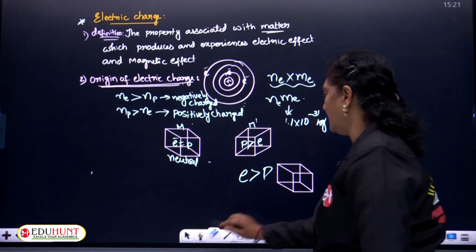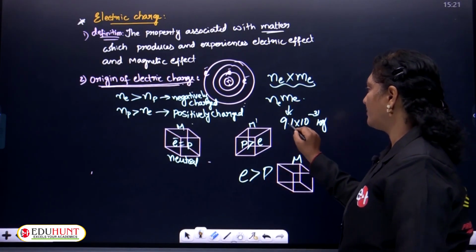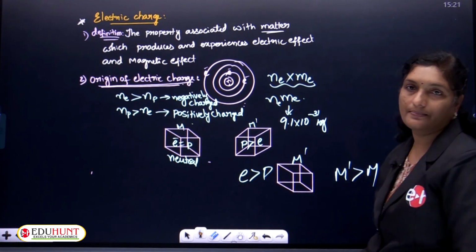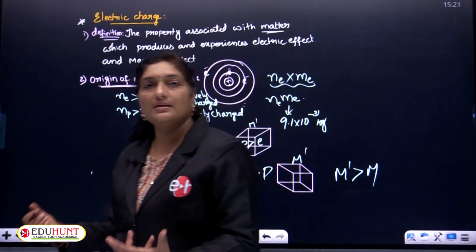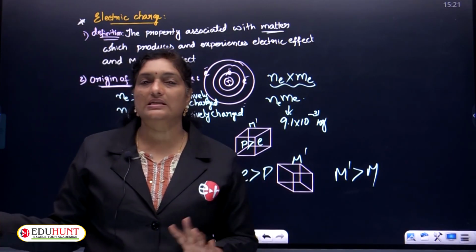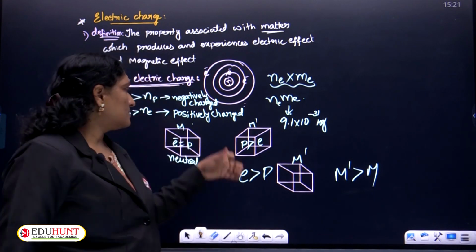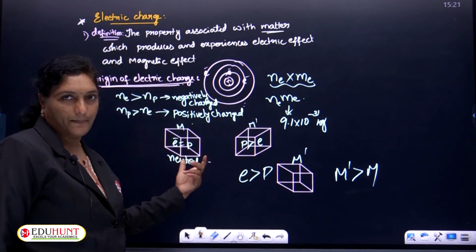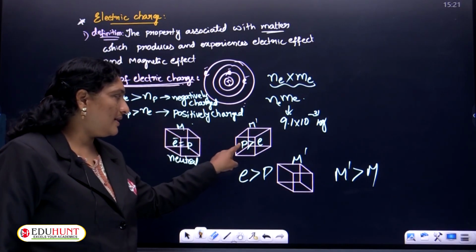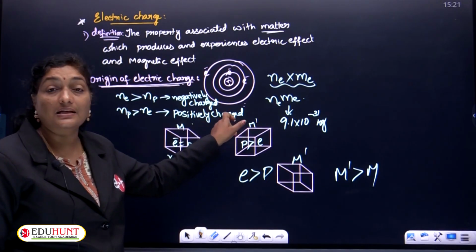If in a body the number of electrons is greater than the number of protons, then the mass slightly increases. In the case where it is rubbed but still no change in electrons is observed, meaning electrons equal protons, the mass will remain the same. Got it, children? So, the body in which after rubbing, after disturbing its neutrality, the number of electrons is lesser than the number of protons, the mass decreases.